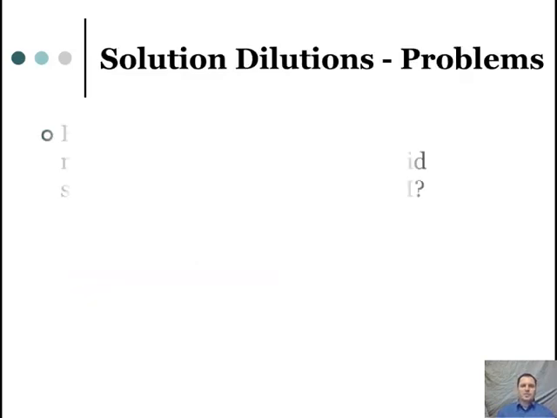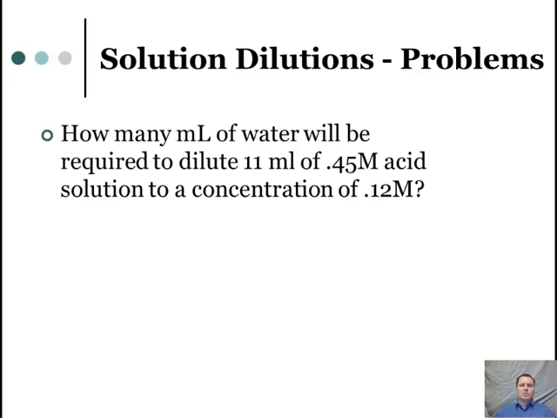Okay, so let's try this first practice problem. How many milliliters of water would be required to dilute 11 milliliters of a 0.54 molar acid solution to a concentration of 0.12 molar? Well, first thing you need to do is figure out what M1 V1 is. Here's M1, there's V1, here's M2, and we're looking for milliliters, so that's V2.